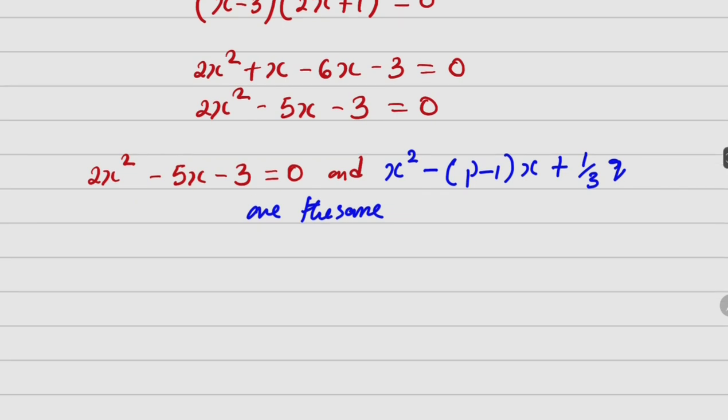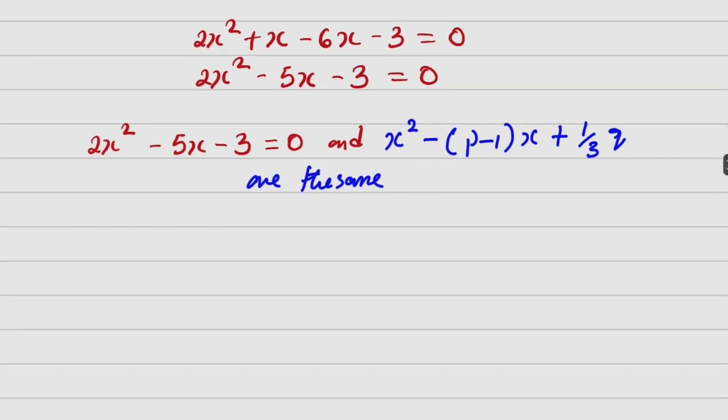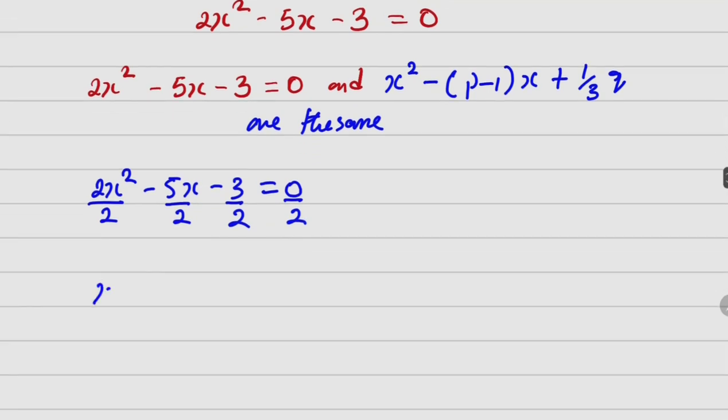So all I need to do is to make them look alike. So I have 2x squared minus 5x minus 3 equals 0. Now, if you check, the coefficient of x squared here is 1. So what I will do is divide all through by 2, so that I'm going to have x squared minus 5 over 2 x, then minus 3 over 2 equals 0.